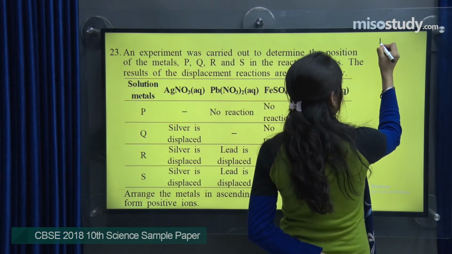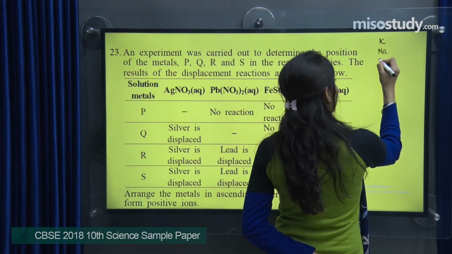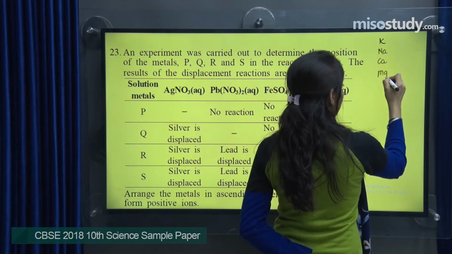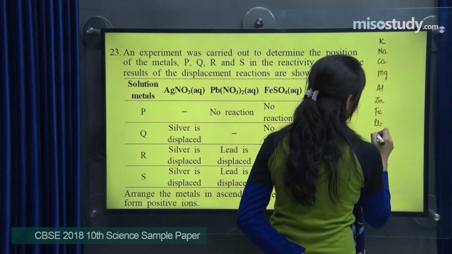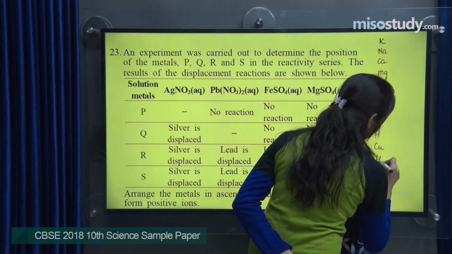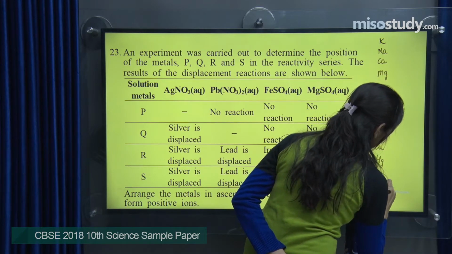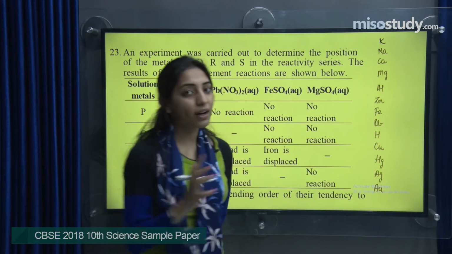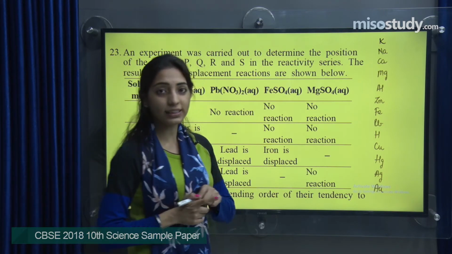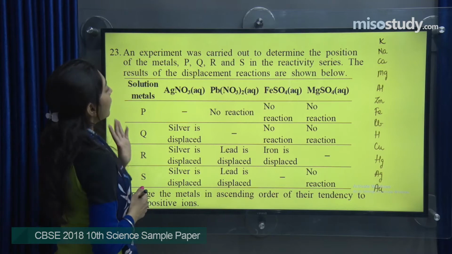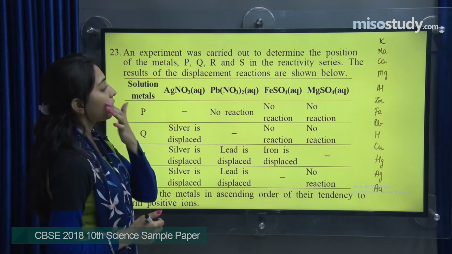So once again, K, Na, Ca, Mg, Al, Zn, Fe, Pb, H, Cu, Hg, Ag, Au. Anyhow, you need to remember the series. Okay. The results of displacement reactions are shown.